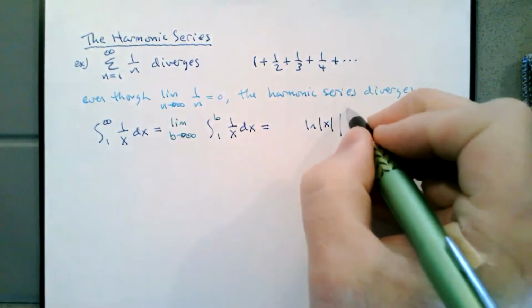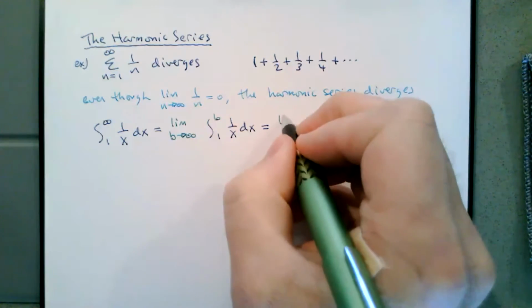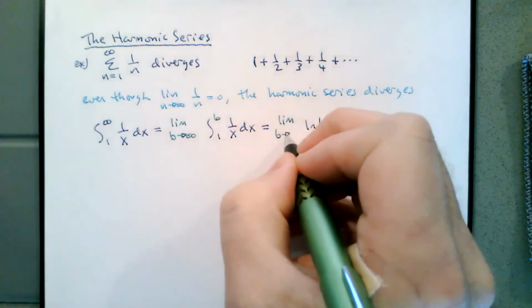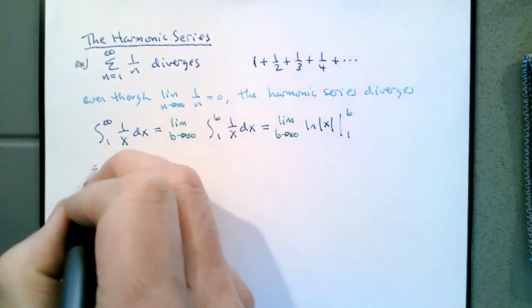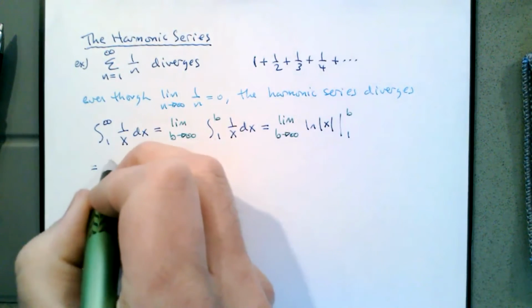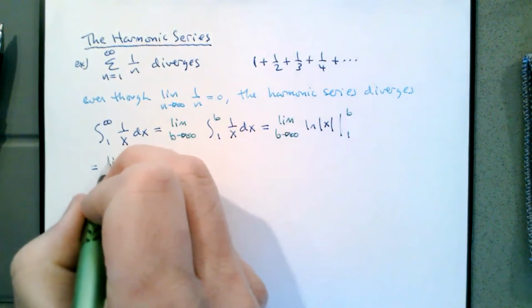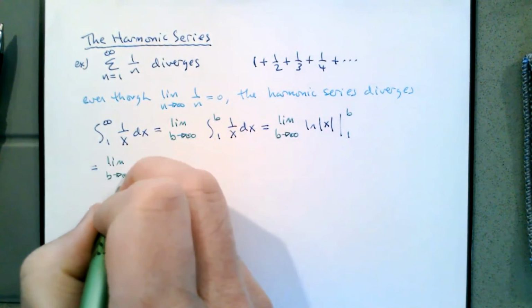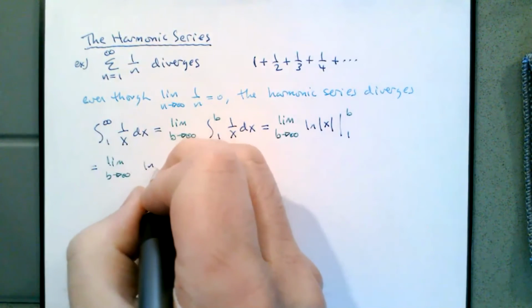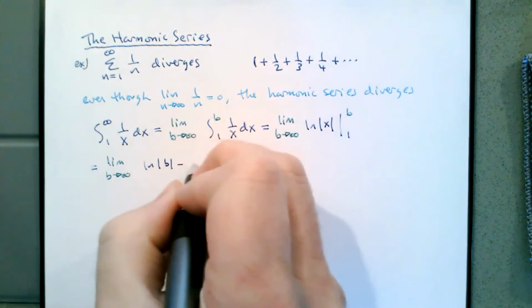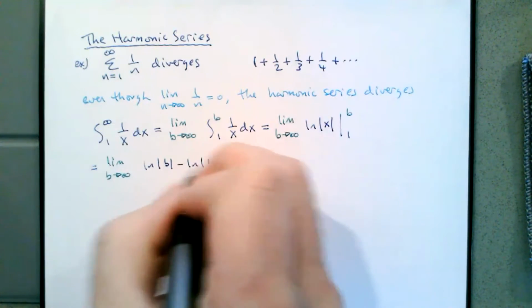We still have not taken the limit as b goes to infinity, so we still have to write the limit as b goes to infinity. Now we can plug in the endpoints, still writing the limit as b goes to infinity of the natural log of b minus the natural log of 1.